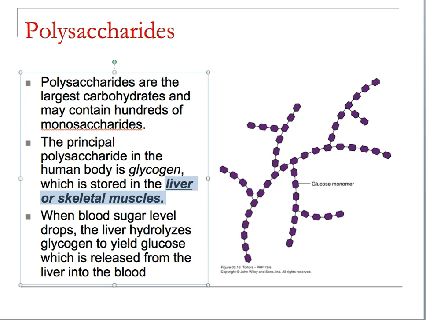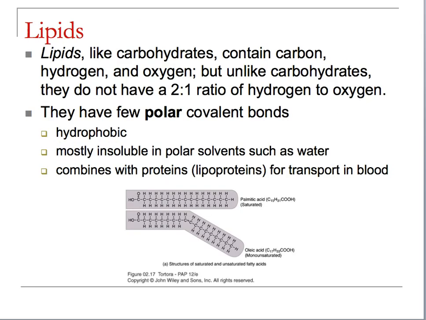Now, lipids, which is where we're moving to next, like carbohydrates, contain carbon, hydrogen, and oxygen, but they do not have the 2-to-1 ratio of hydrogen to carbon. Okay, they actually have fewer polar covalent bonds, and they're hydrophobic.